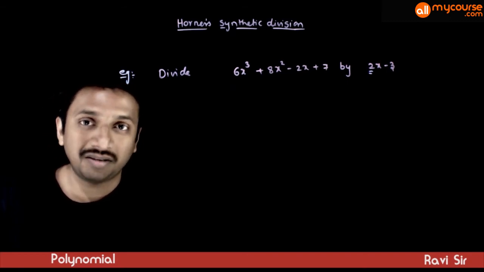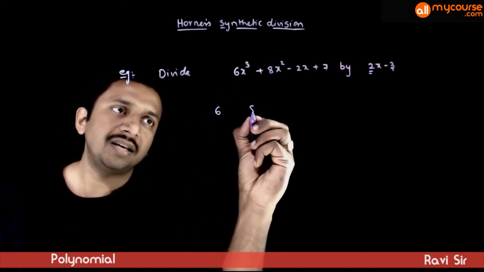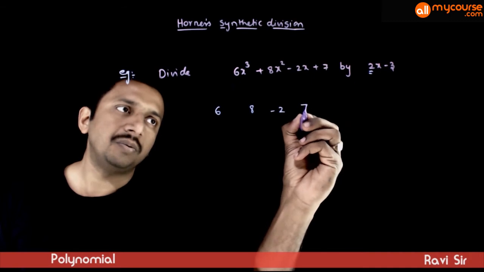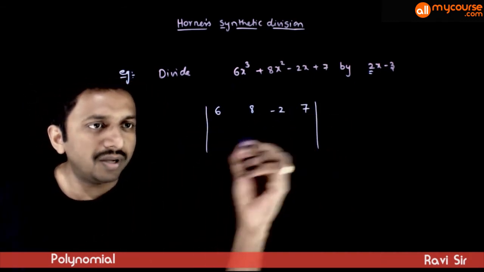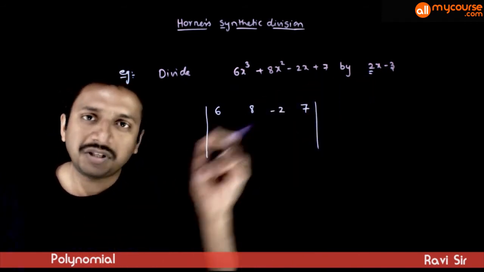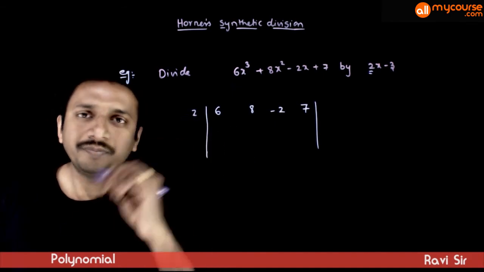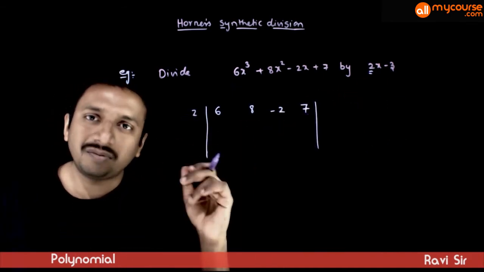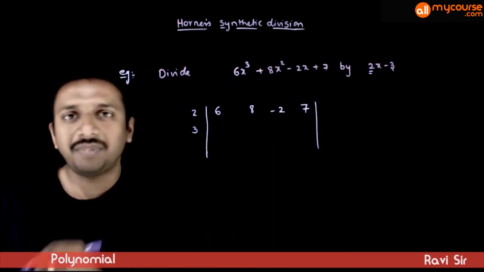Using Horner synthetic division. So the coefficients again are 6, 8, minus 2 and 7. And now what you do is, to remind you that the coefficient of the leading power of x is 2, I write a 2, and all the remaining coefficients I change the sign. That is, if you have minus 3, I take it as plus 3.